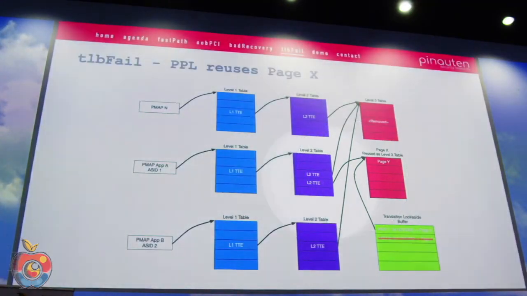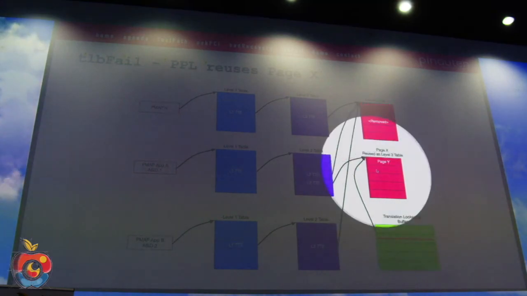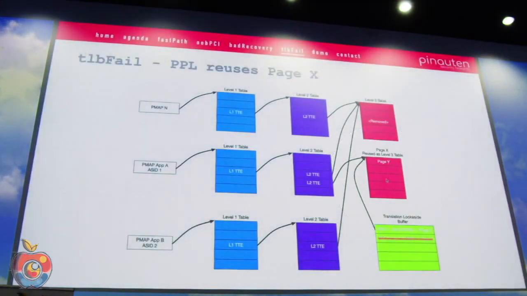Now our application A has this additional level 3 page table, but it can also directly write to the page table simply because it's still in the TLB.